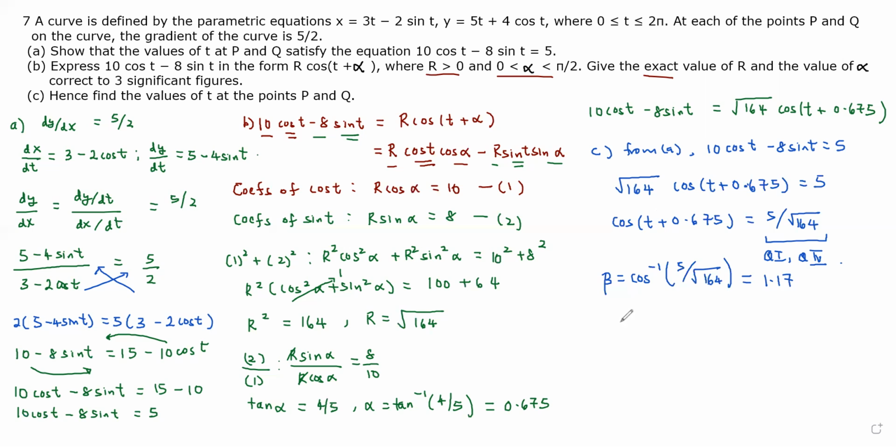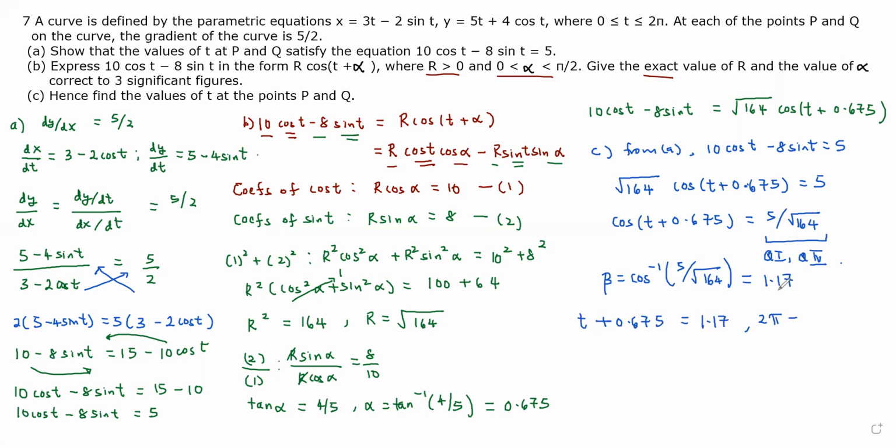That is a quadrant 1 angle. So the angle t plus 0.675 is either a first quadrant angle or a fourth quadrant angle.